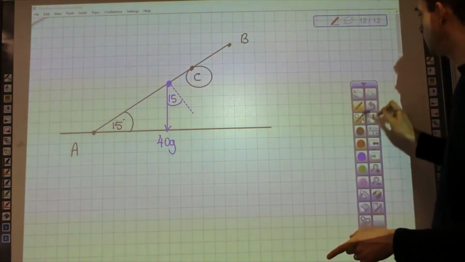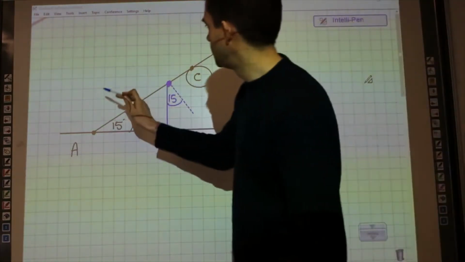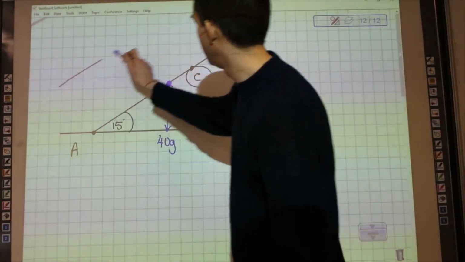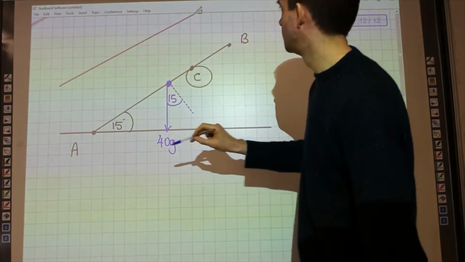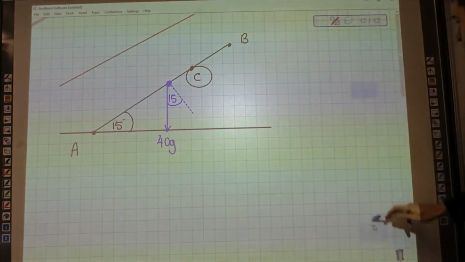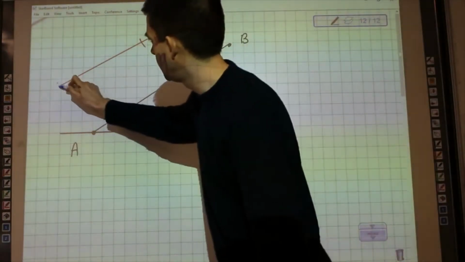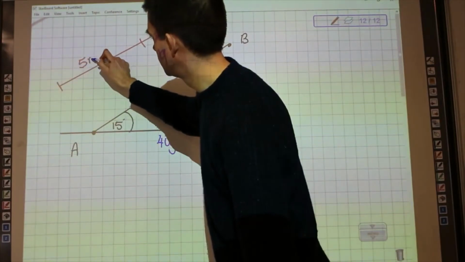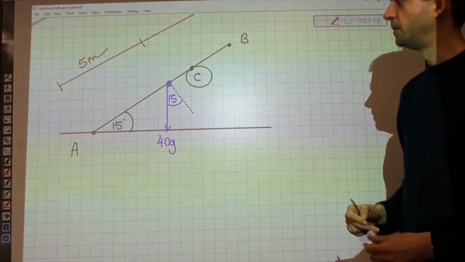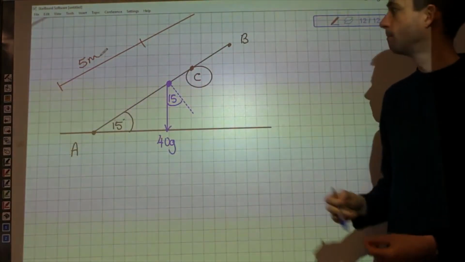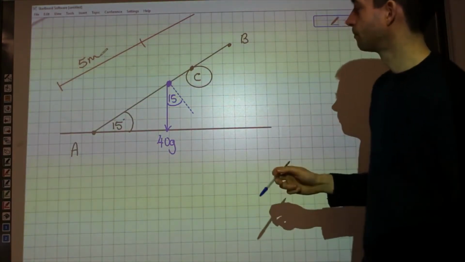Because this is a uniform rod, I know about the distances that these are away. So up here I'm just going to draw the same length line, and I'm just going to split it into the distances that I know. So this distance here is 5 metres, because it's half the length of the rod, because it's uniform.